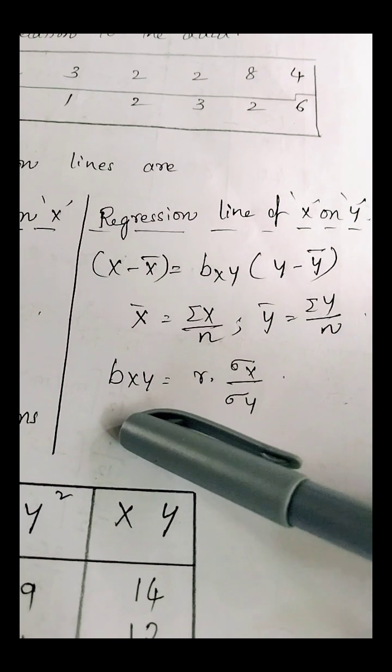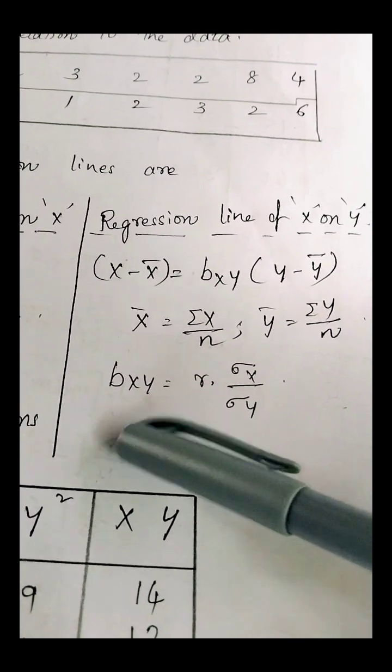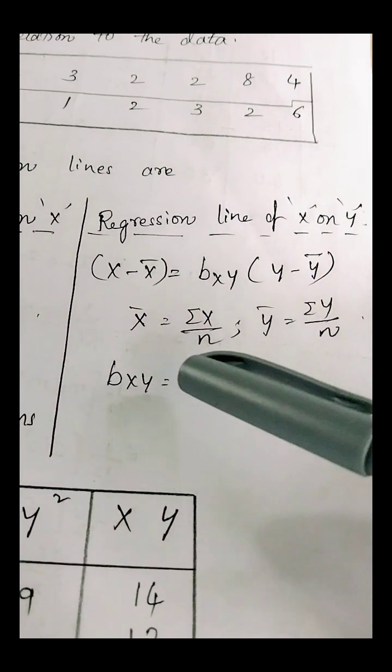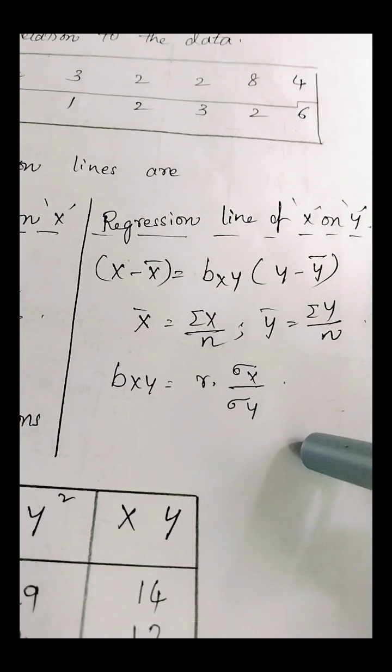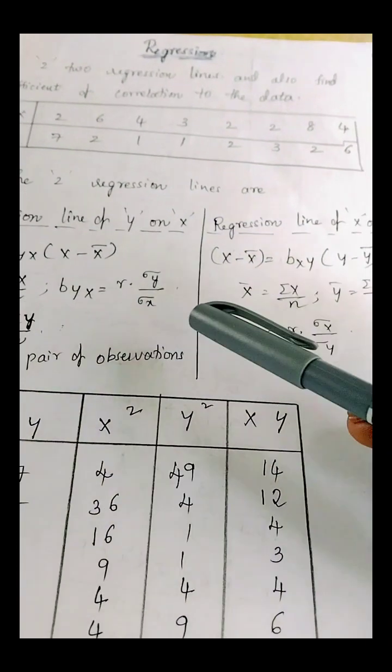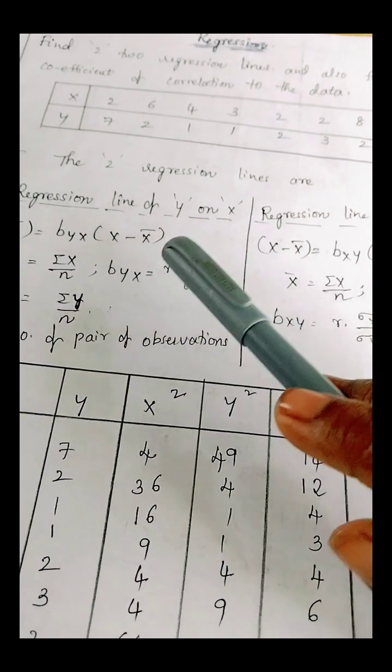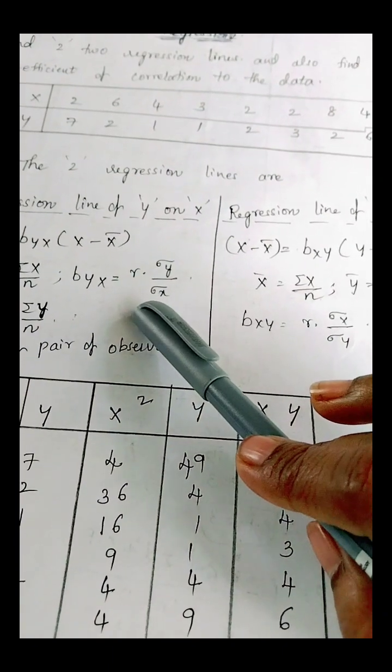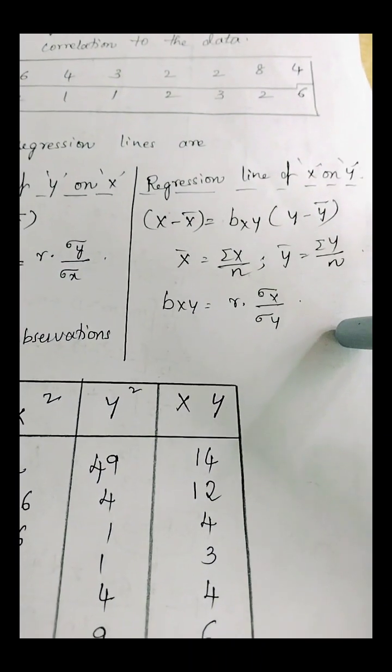And bxy is the regression coefficient of x on y, which is r into sigma x by sigma y. So byx and bxy are the two regression coefficients of the regression lines. One is r into sigma y by sigma x, and the other is r into sigma x by sigma y, where sigma x and sigma y are the standard deviations of x and y.